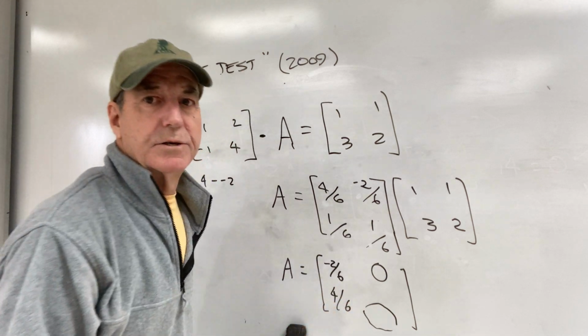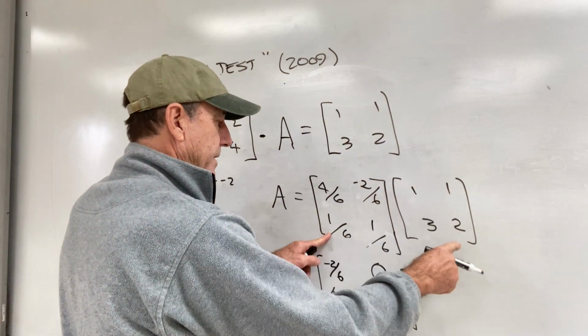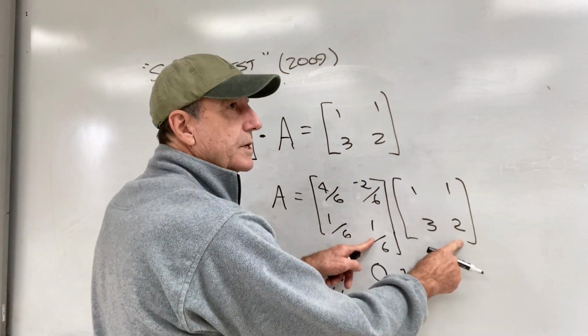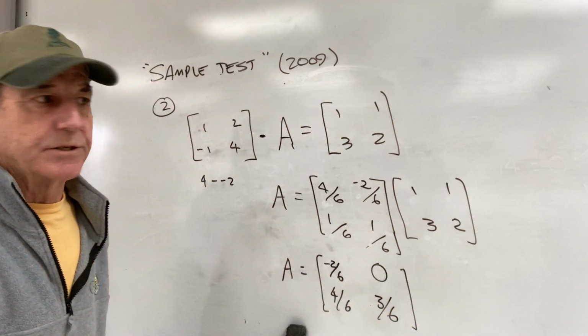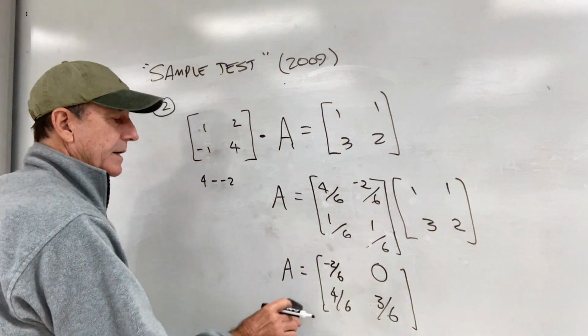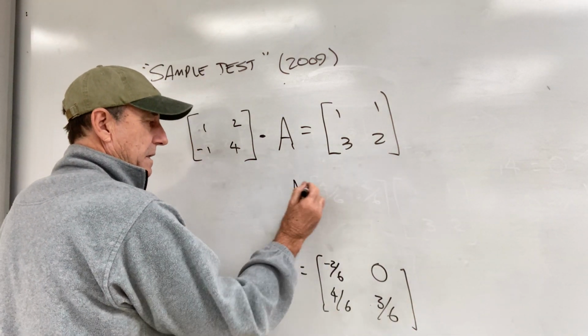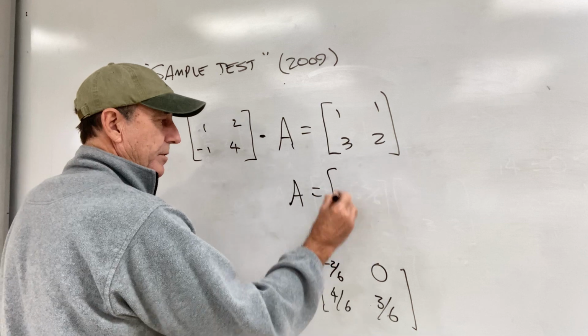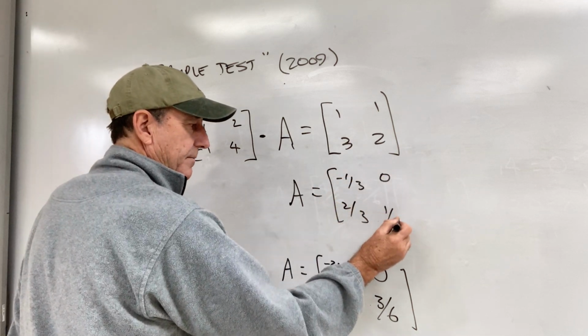And yeah, we could write that as 2/3 if we wanted to. And then for the last slot, second row, second column. So that's 1/6 and 2/6 is 3/6. So that's going to be my answer for A. If I wanted to clean that up a little bit, I could. Let's see, A is going to be -1/3, 0, 2/3, and 1/2.